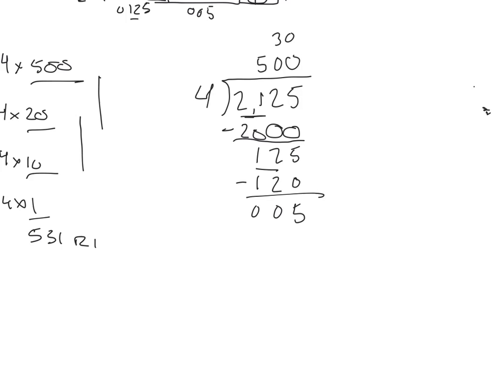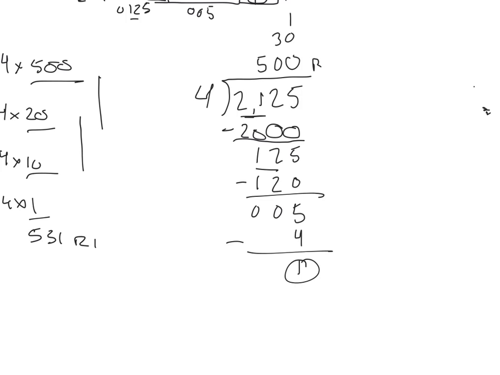5 is bigger than my divisor. I can keep going. So 5 divided by 4 is 1. And so what I'm going to do is 4 times 1 is 4. And I'm going to subtract. 5 minus 4 is 1. Now 1 is smaller than my divisor, so I know I can't go anymore. I can't split that 1 up.